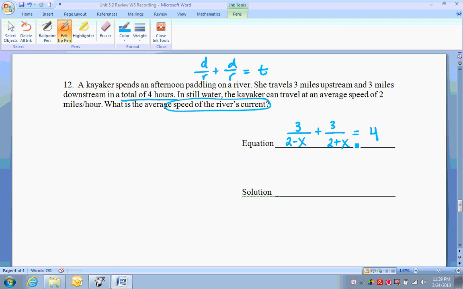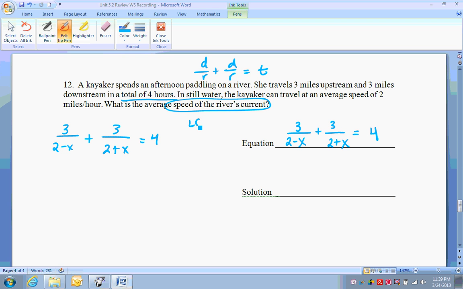Okay, so now we can go ahead and take this equation, 3 over 2 minus X plus 3 over 2 plus X equals 4, and solve for the river's current.